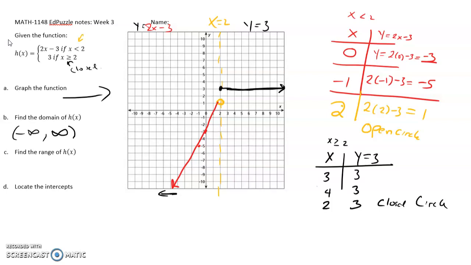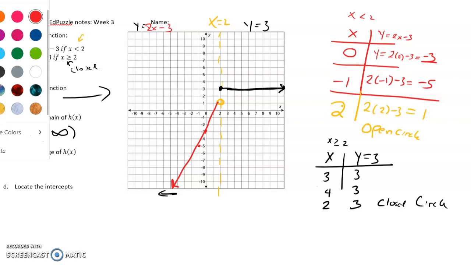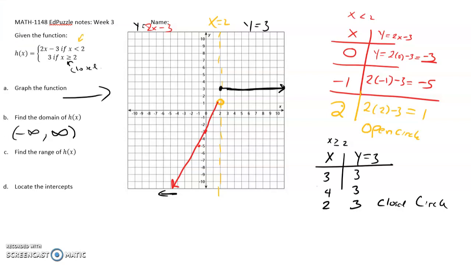Now the range is a little bit more complicated because range, remember, is the y values. When we take a look at the y values here, we're going to go down to up. Starting down here, we can see that this graph is going down forever. So it's going to be from negative infinity all the way up to, you can see that I have an open circle right here at y equals 1.